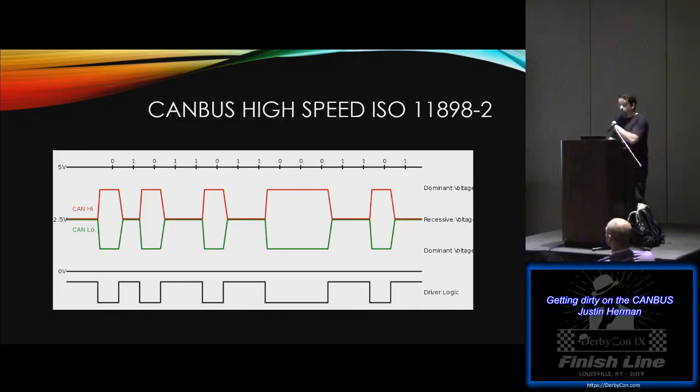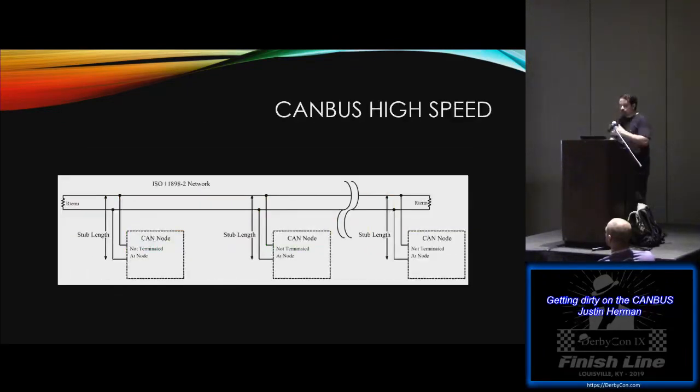This is, again, the one we're using. The high-speed network was all on a standardized bus system. They had a stub length of no more than 30 centimeters. The linear bus is terminated at both ends with 120 ohm resistors, and everything needed to be basically in a line and connected up.